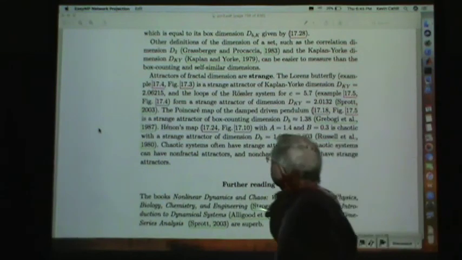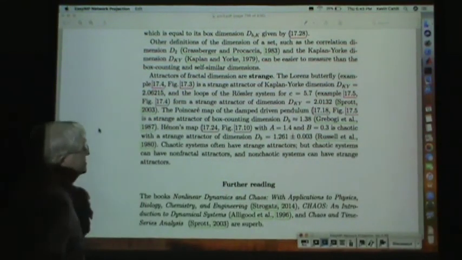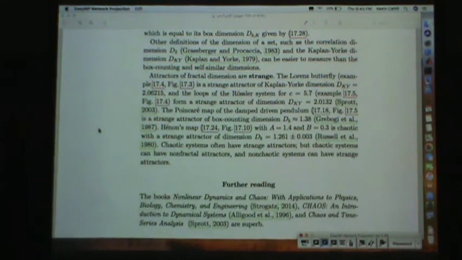Attractors of strange fractal dimension are called strange. The Lorenz butterfly is an example. It has Kaplan-Yorke dimension of 2.06. The loops of the lossless system are a strange attractor of dimension 2.01.